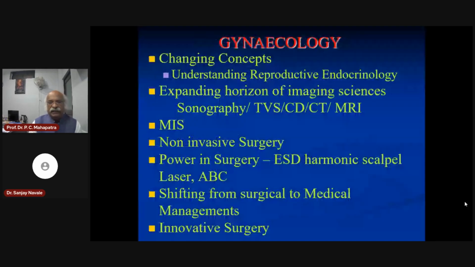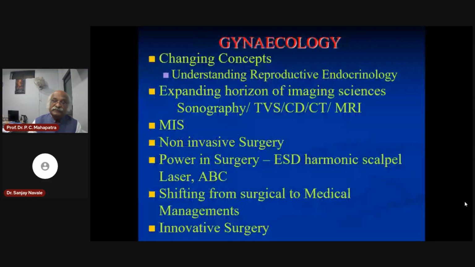With MRI, the spread of endometrial carcinoma, for example, or carcinoma cervix, the extent of the lesion can be very well examined. And when we are doing a surgery, the topography and the planning and programming can be done by good sonography and MRI mapping. So the mapping by these bioimaging sciences is a very important tool before surgery.